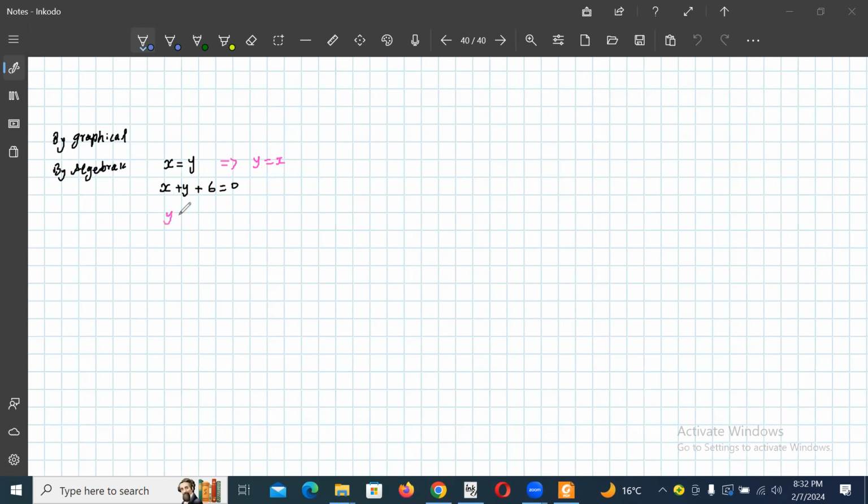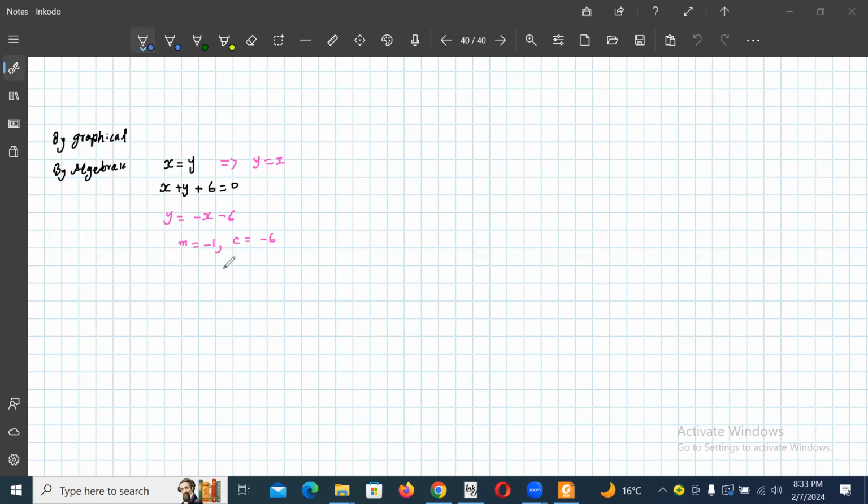Try to make y the subject: y is equal to, take x and 6 to the other side, so minus x and minus 6. So this is my second line. Remember that when we have two lines and here the gradient is negative, the line will go left to right down, like gradient is -1 and the y-intercept is -6.